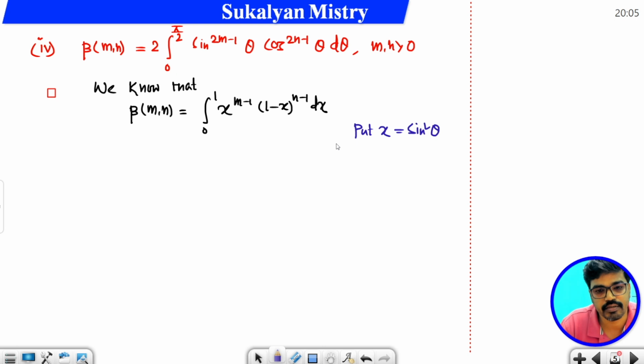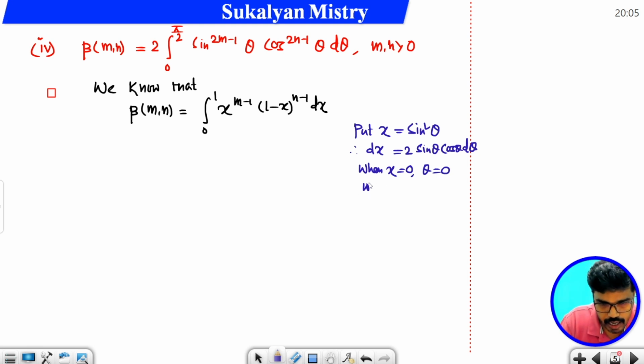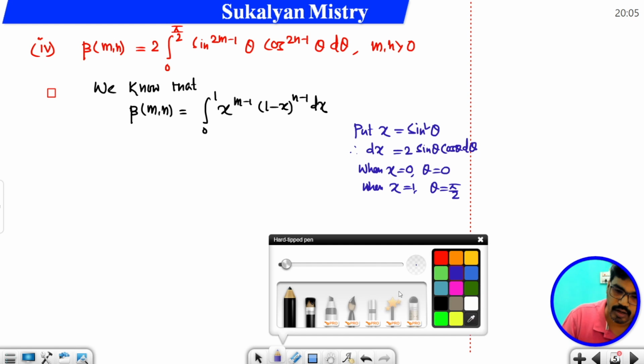Therefore dx will be 2 sine theta cos theta d theta. When x is equal to 0, theta is equal to 0, and when x is equal to 1, theta is pi by 2.